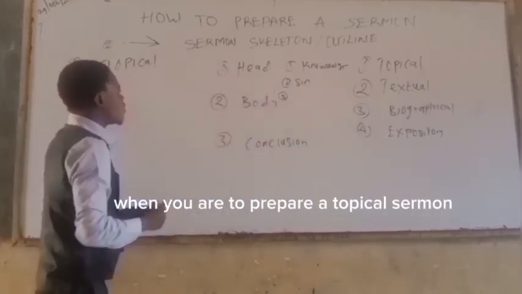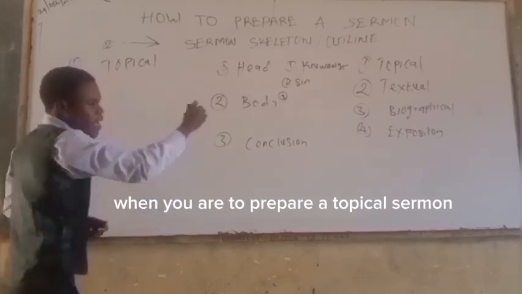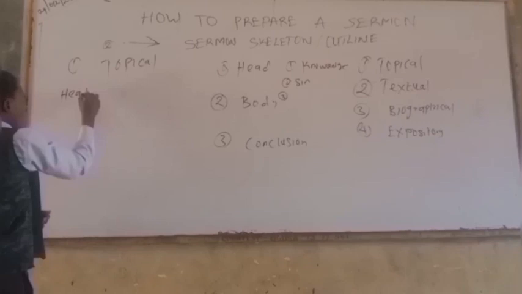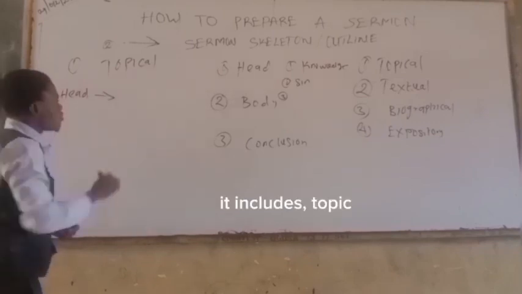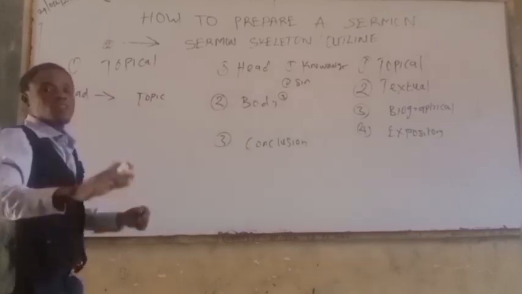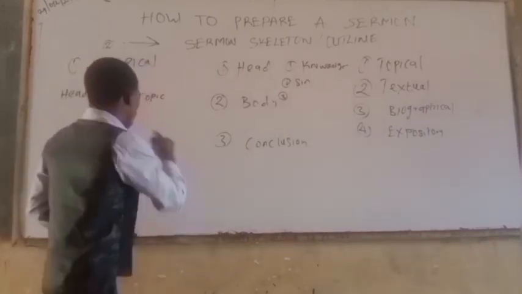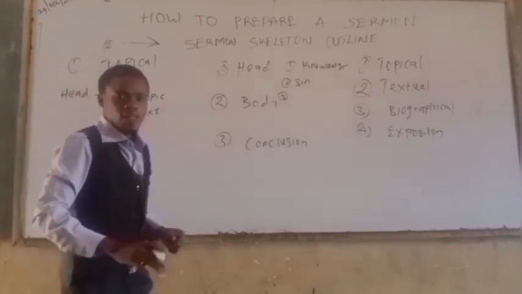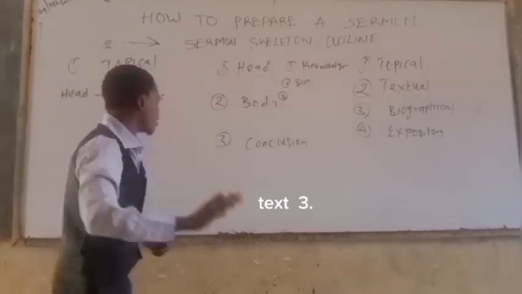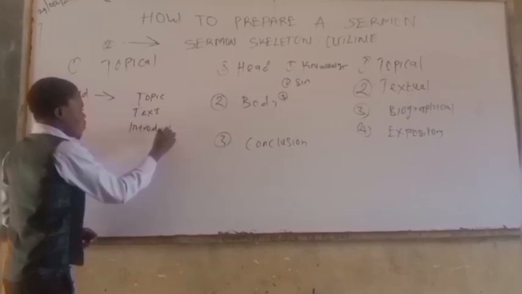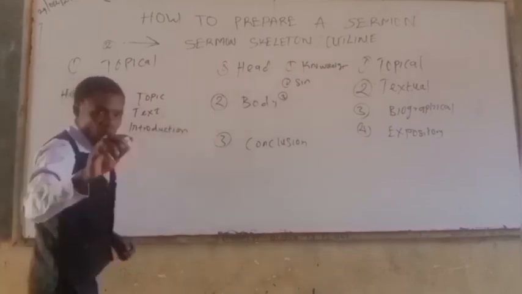When you are preparing the outline of a topical sermon, the head includes: 1, the topic. You are going to start with the topic. 2, text. That's the next thing. 3, purpose.